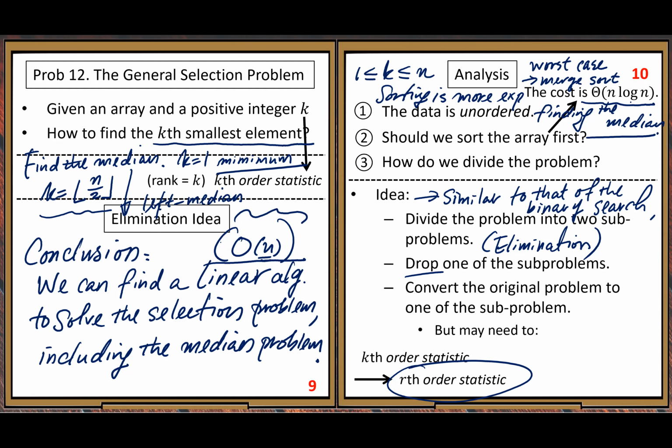So it's better than n log n. You do not have to pay the n log n cost of sorting the whole array. You can pay a smaller cost, Big O of n.